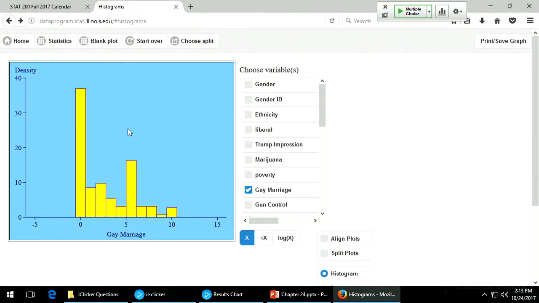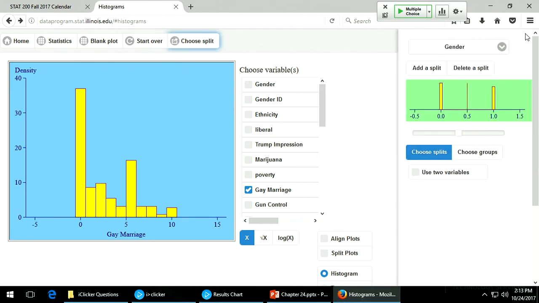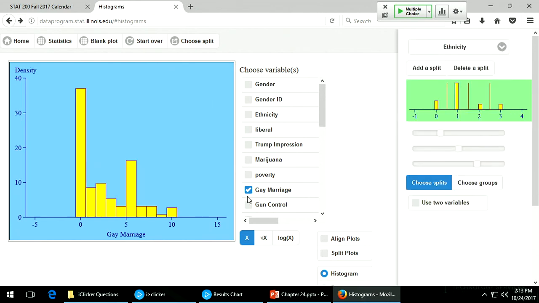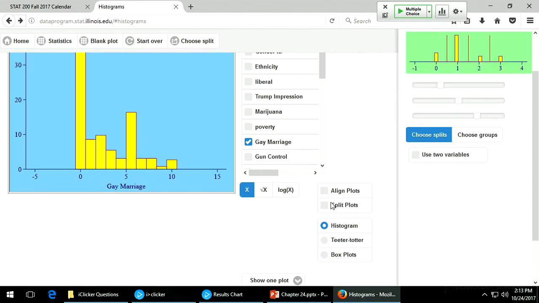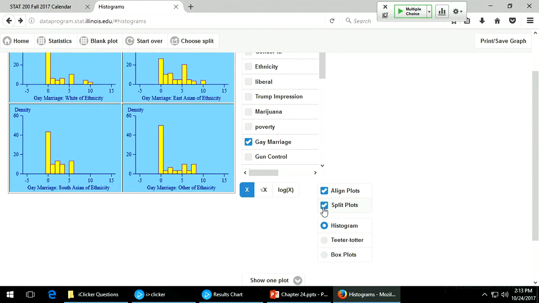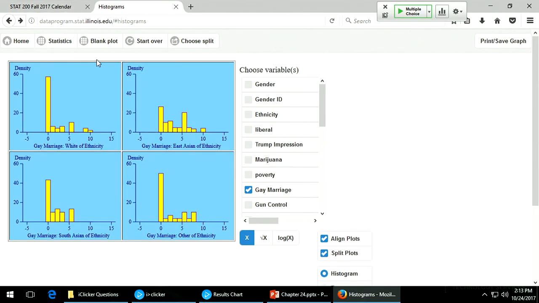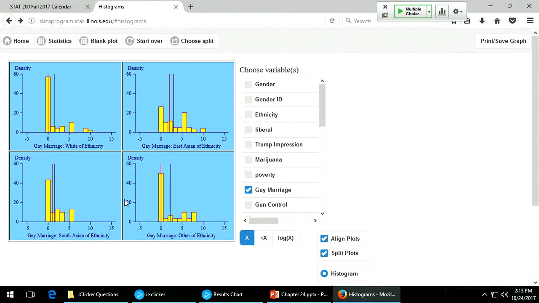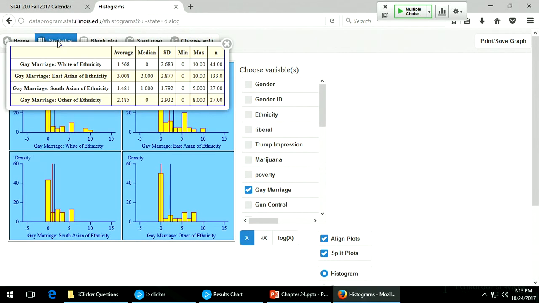So let's look, and this will be fun. We'll choose the split, and we'll split on ethnicity. And then we'll look at the split plots. And let's put the average and the median here. And here are the statistics.